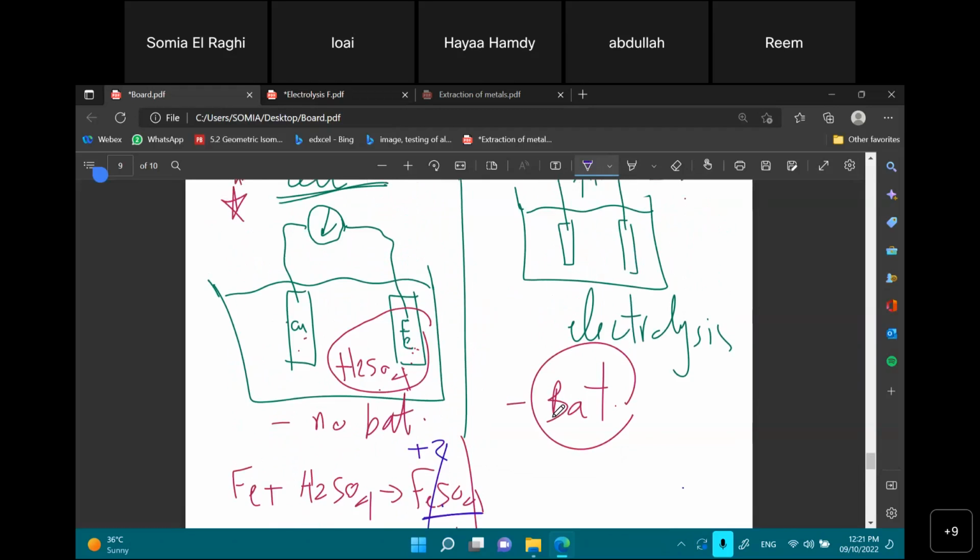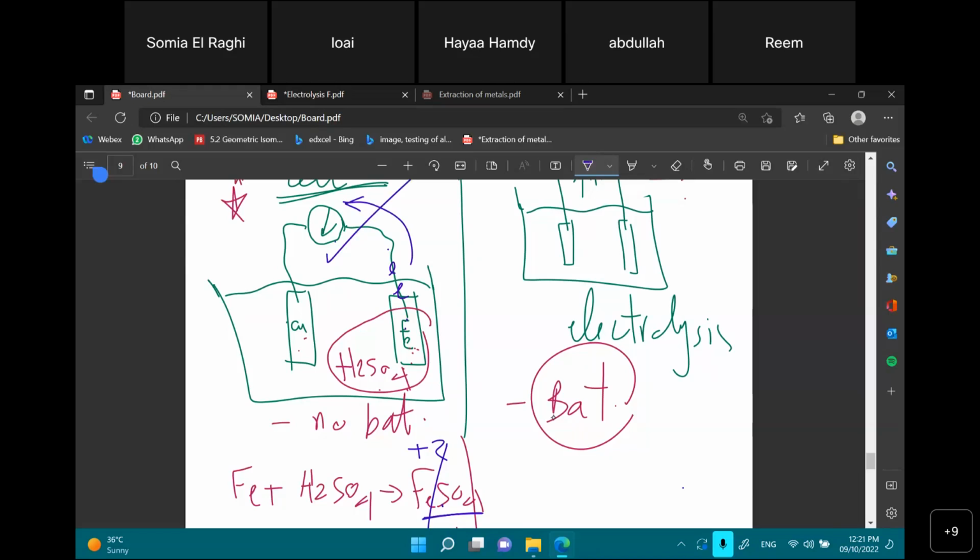This electron will move from the most reactive electrode to the least reactive one. This flow of electrons is a current, so we get voltage, we get electricity.